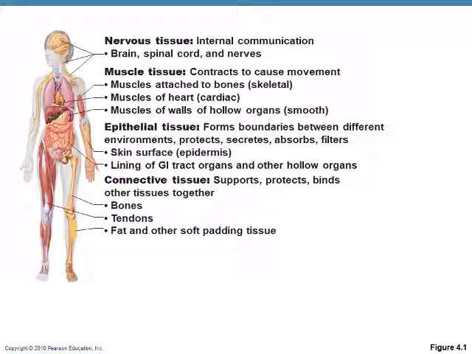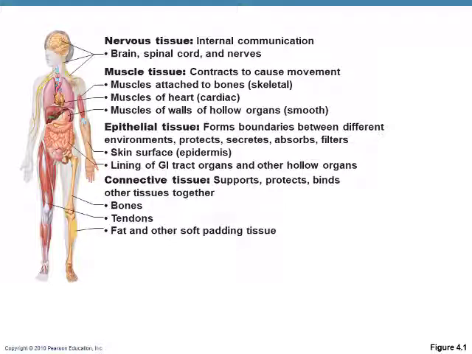Connective tissue is very widely distributed in your body. Most widely distributed tissue is the connective tissue. Your connective tissue forms a number of structures in the body, and they are different from each other. For example, bones are connective tissue, right? Cartilages are connective tissue.